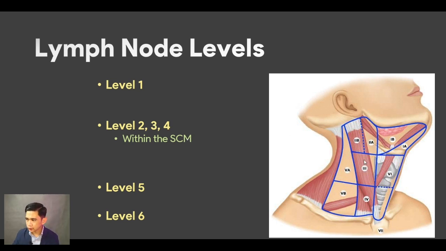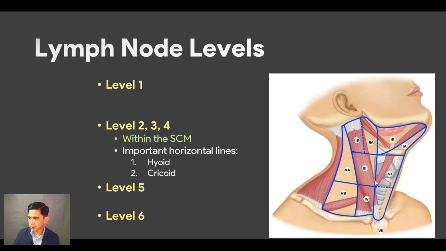If you notice in this picture, we have 2, 3, and 4. So how do you know if it's 2, 3, or 4? You need to know two important horizontal lines. First is the hyoid bone, which we already discussed in the previous slides. Next is the cricoid, which we also discussed.